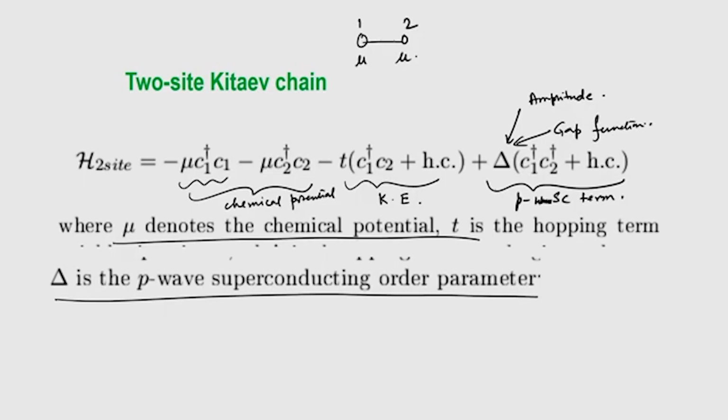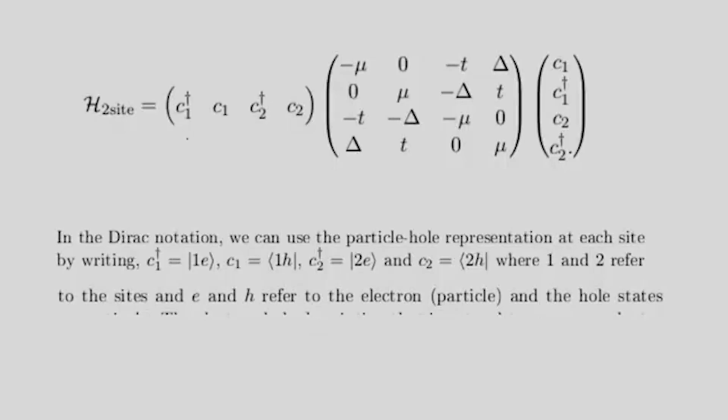So this is the gap function, this is the kinetic energy and then the chemical potential, and I have just taken two sites of that tight binding chain. In general there are n sites, but let us just do the two site problem. The Hamiltonian, if you write it in this basis, is slightly different from what we have considered earlier. There is a C1 dagger C1 and a C2 dagger C2.